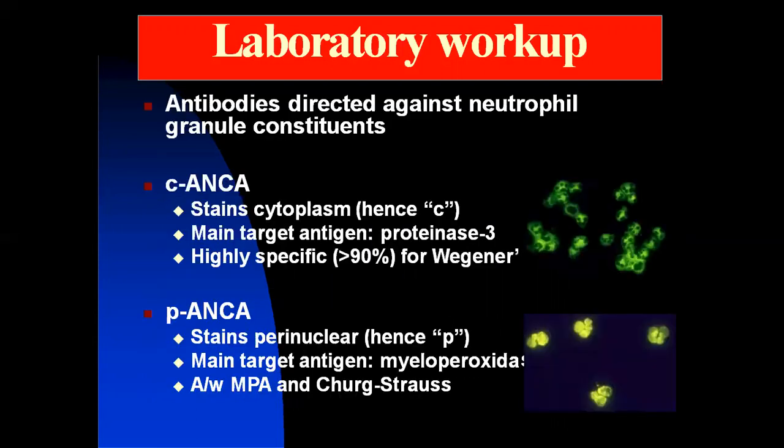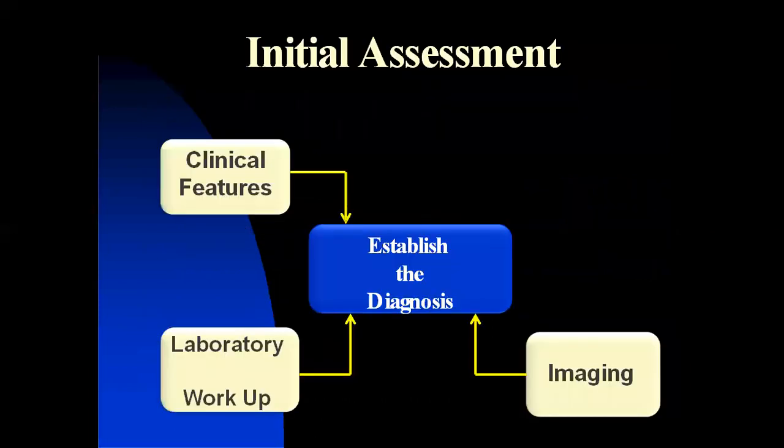Antibodies directed against neutrophil granule constituents, that is cANCA, stain cytoplasm, hence the C. The main target antigen is protease 3, highly specific for Wegener's vasculitis, a type of vasculitis that we'll see. Then pANCA stains perinuclear, and the main target antigen is myeloperoxidase, and it's very much associated with Churg-Strauss vasculitis.